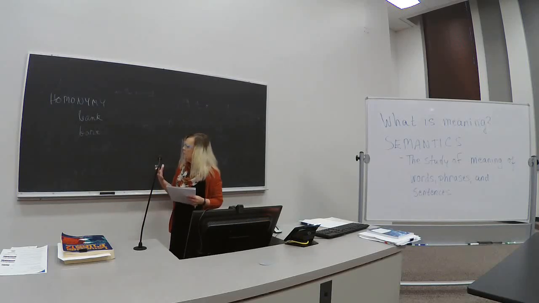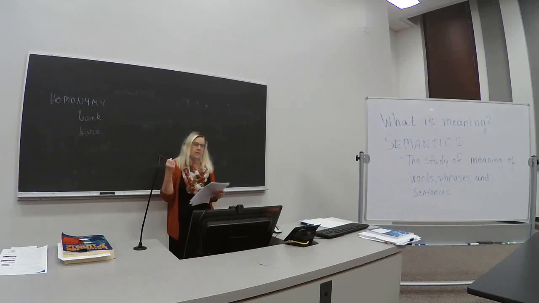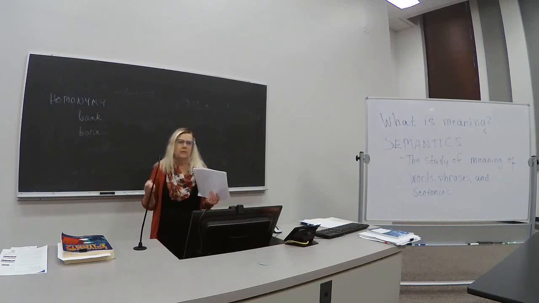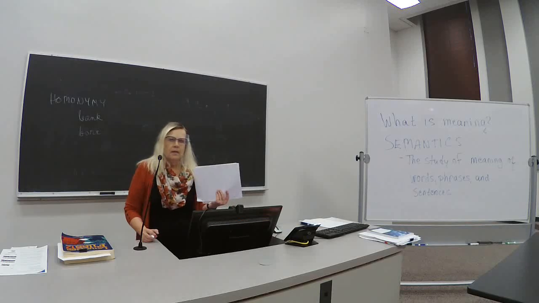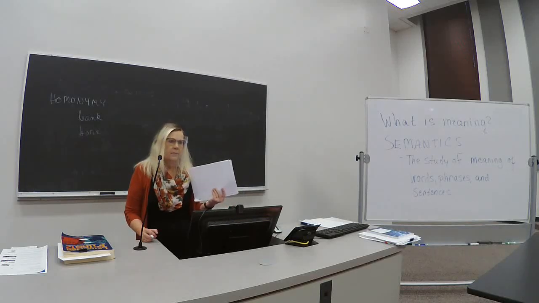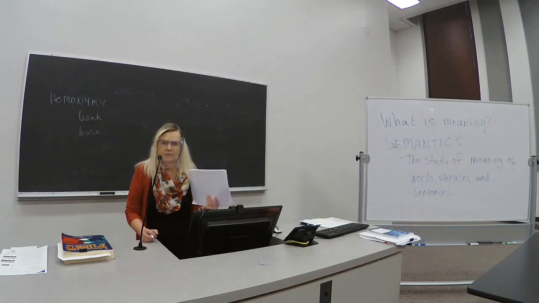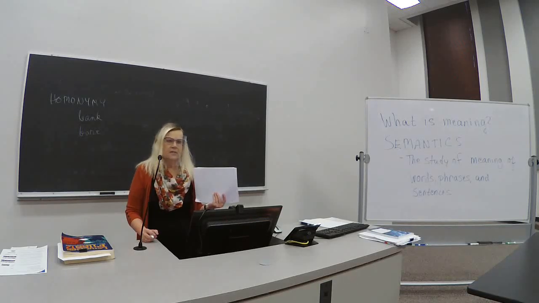So a homonym is a word that looks identical to another word. And how do we disambiguate this? If somebody says to you in a town, let's meet at the bank, how would you know that if there's a river at that town? How do you know it's not the river bank, it's the financial institution, or vice versa?